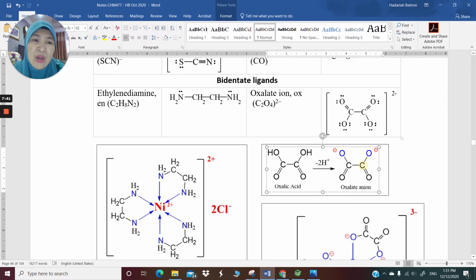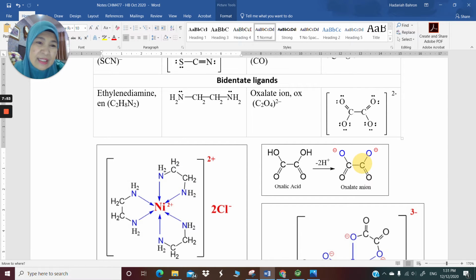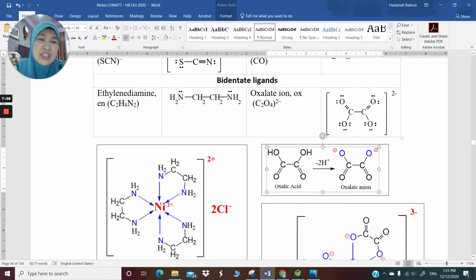This oxalate ion is totally different in that it is not neutral, unlike ethylenediamine. It is a negatively charged ion, because when this hydrogen leaves it gives a negative charge, and when this hydrogen leaves it gives another negative charge.